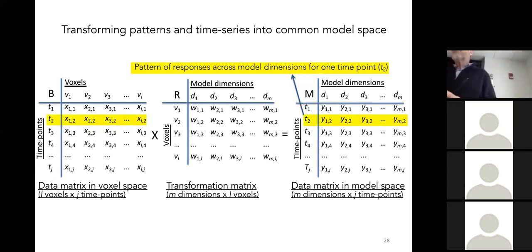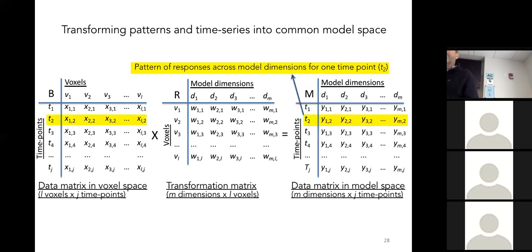So we should be able to do between subject classification. We can say, if in one subject, this pattern is in the same location in the information space as the responses in other subjects for this part of the movie, he was probably watching that part of the movie when he produced this pattern of activity.